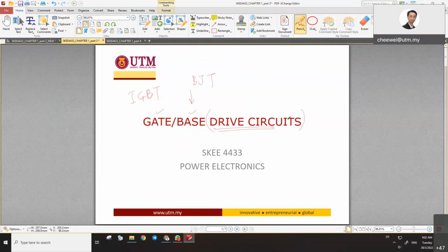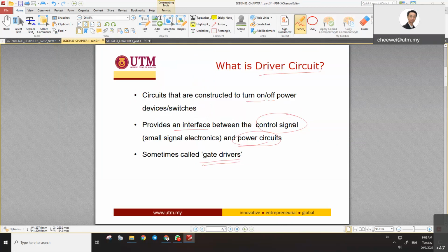Basically, they are referring to the same circuit. Driver circuit, gate drivers, they are the same thing, right? What they do is help you to turn on and turn off the power device.